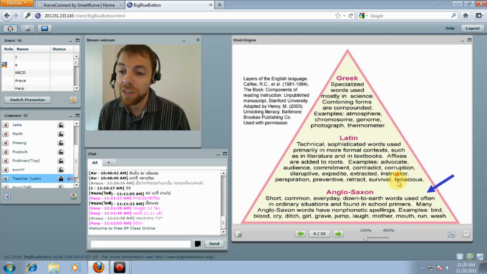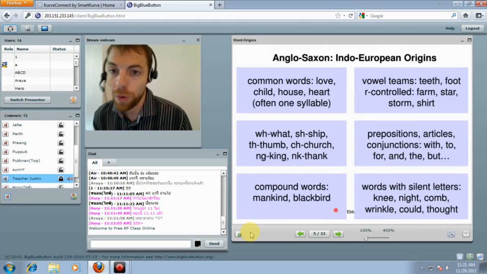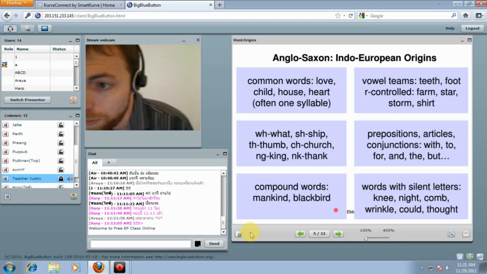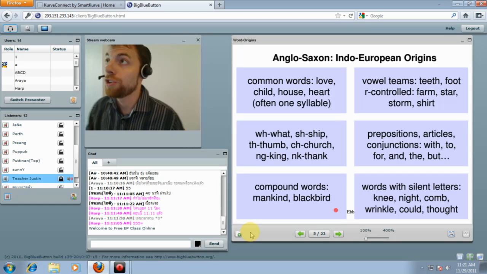So this is three different, kind of a history of English, starting at Greek, moving to Latin, Roman, and then moving to Anglo-Saxon, which is British and English. Okay, Anglo-Saxon and its European origins.